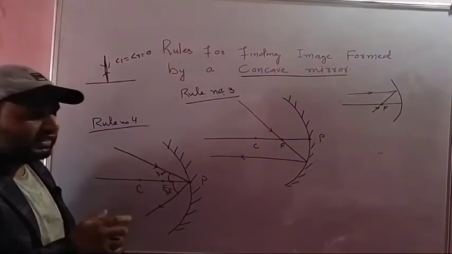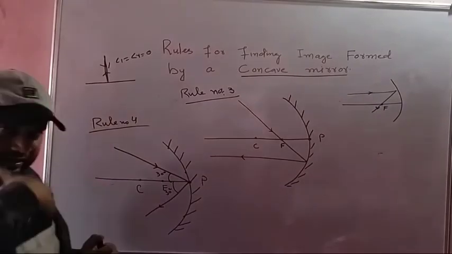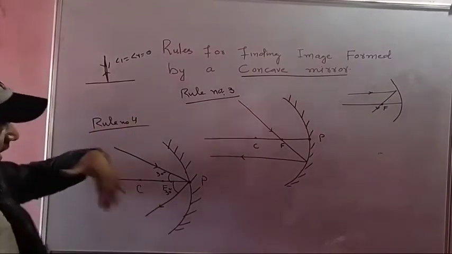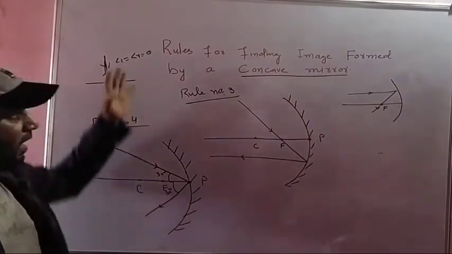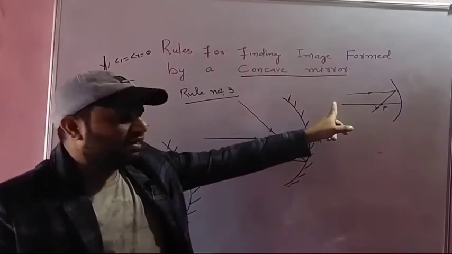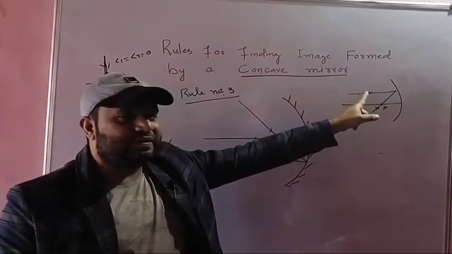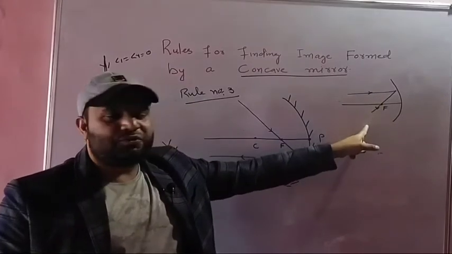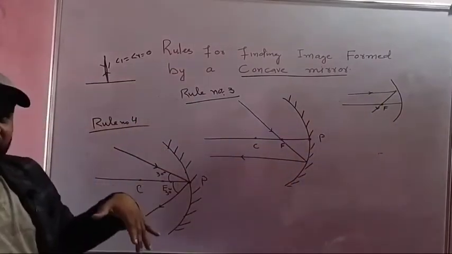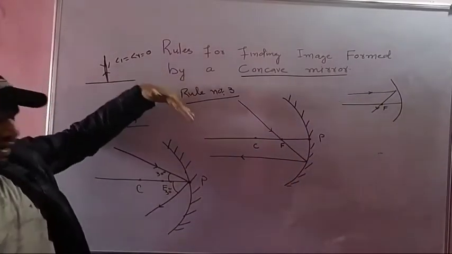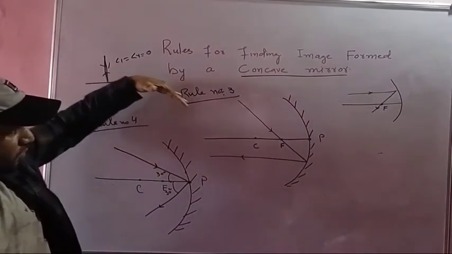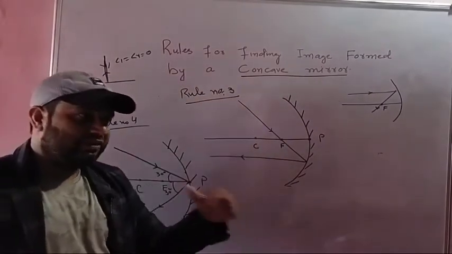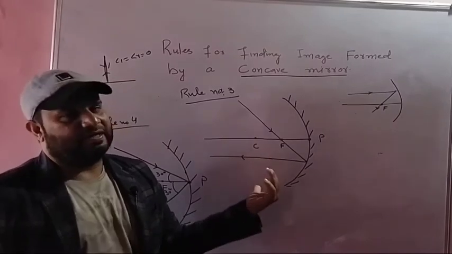It is now easy. What are these 4 rules actually? One is, sir, when the ray of light is parallel to the principal axis, it will pass through the focus. It is first one. Second one, what I said, if the ray of light is incident but it will pass through the center of curvature, after reflection it will retrace its path.